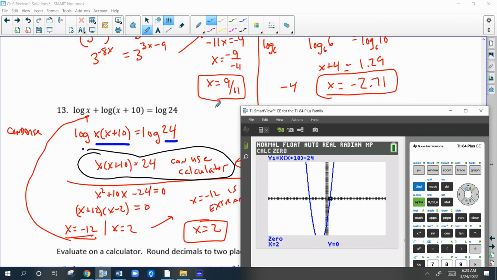Here you can eliminate all this factoring, write down negative 12 and 2, but then you still have to look for extraneous solutions. You know negative 12 is extraneous here because it would make you take the log of a negative number. So you would eliminate that, say it's extraneous, and just circle your answer as 2.